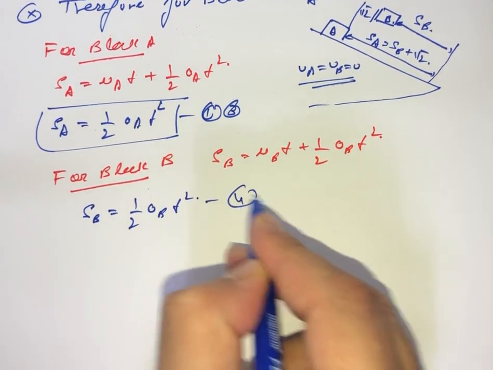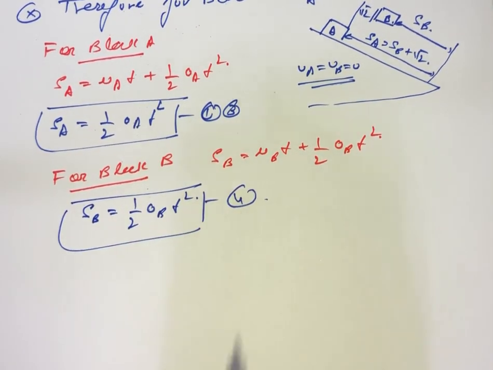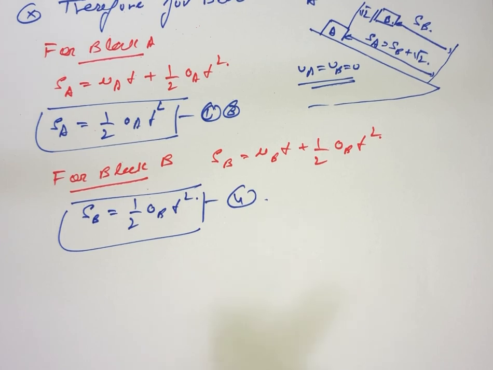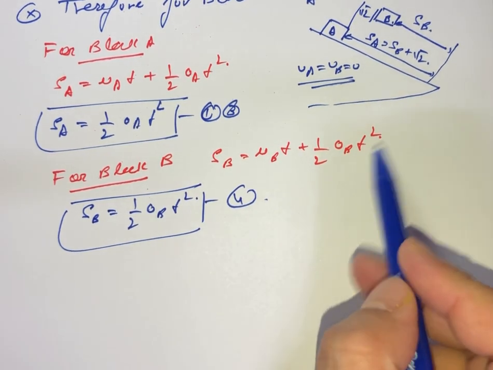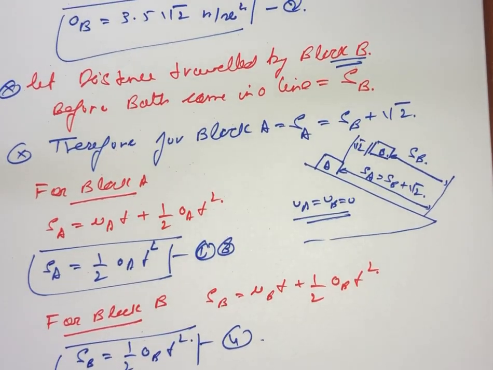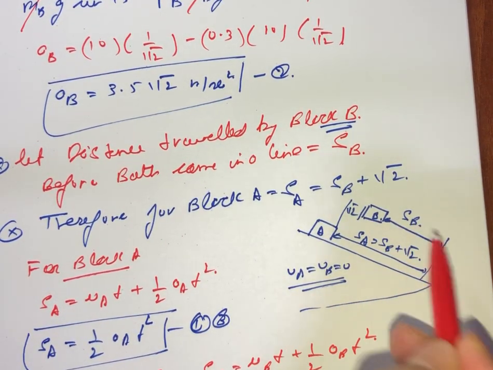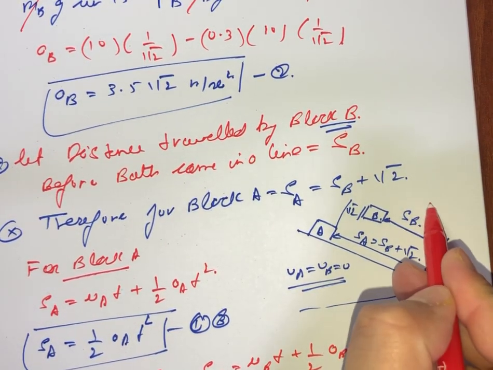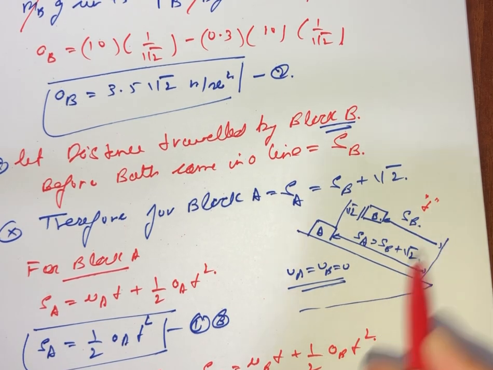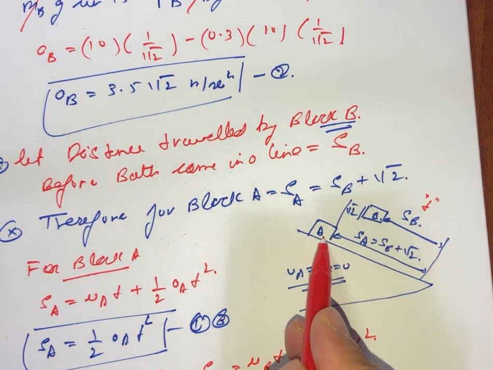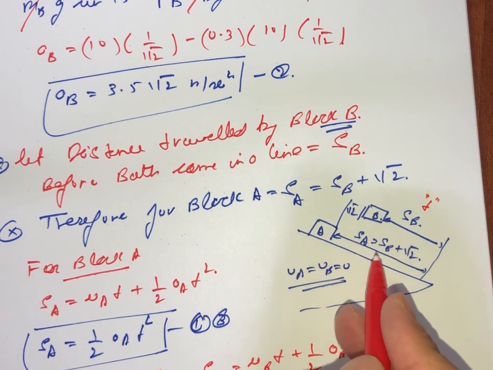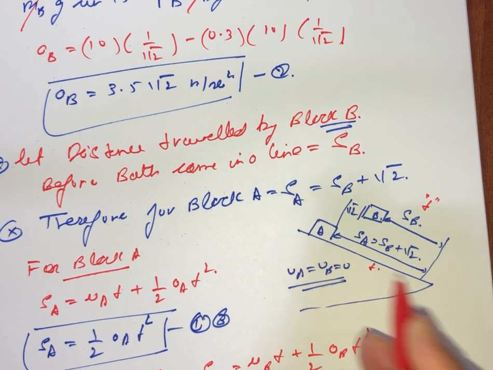This is equation number 4. The distance SB by block B will be traveled in time t, and the same time t applies for block A traveling the distance SA.